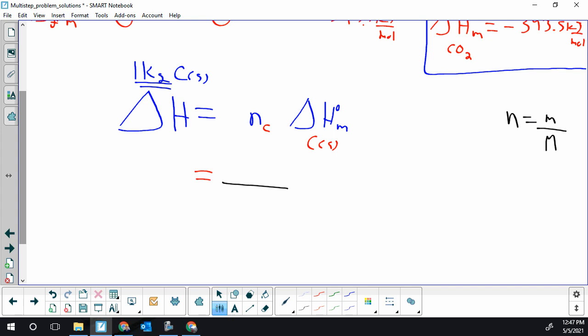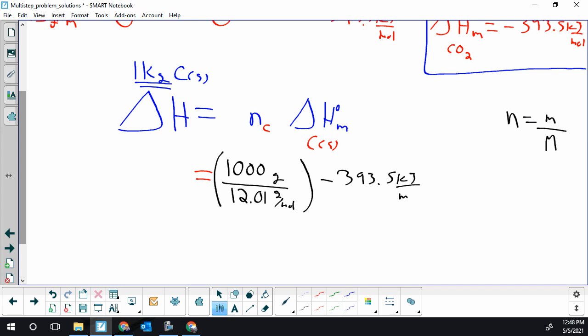So we have 1.0 kilograms, which would be 1,000 grams, divided by 1 mole of carbon. The molar mass for 1 mole, the mass for 1 mole of carbon. So that will give us our moles times our molar enthalpy for carbon, the value we had to determine from our data booklet.